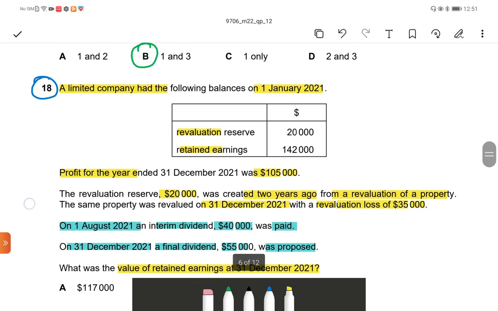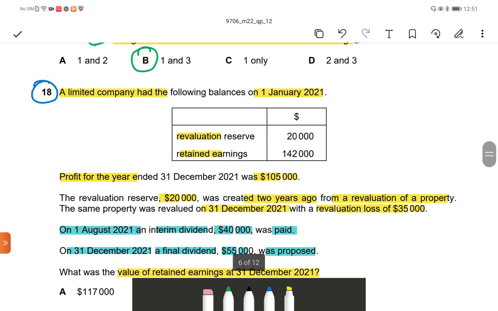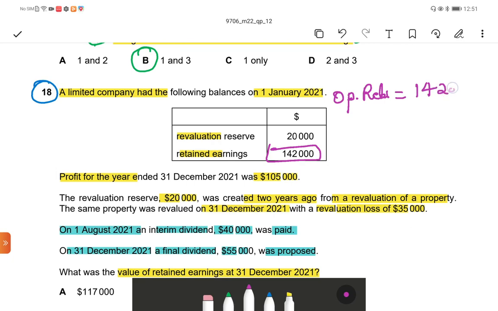So we can check first opening retained earning. Opening retained earning is equal to 142,000. Then plus profit. Profit is 105,000.